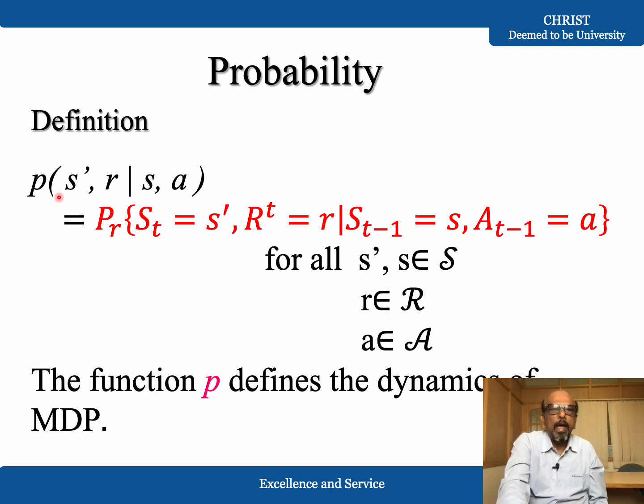And the probability that you reach S dash with reward R, from S and A. So you are given S comma A. It means you are currently in state S and you are choosing action A. Then you will reach a final state S dash with reward R. So that probability is denoted by P of S dash comma R given S comma A. So this function P defines the dynamics of the Markov decision process.